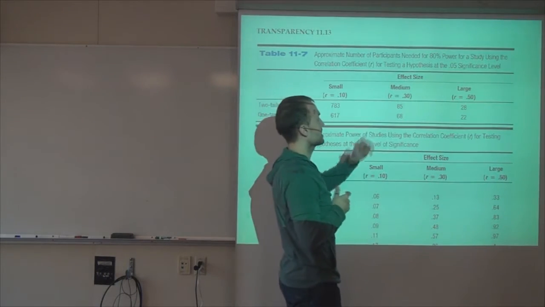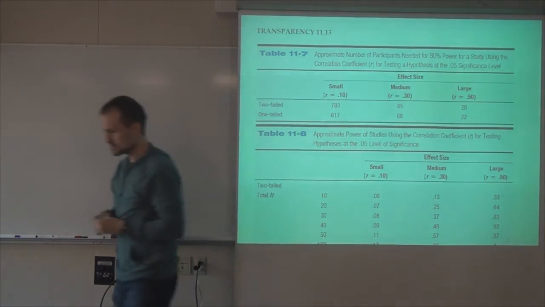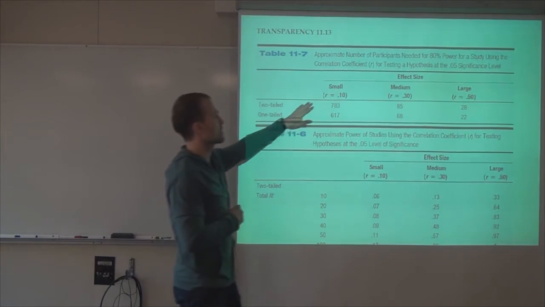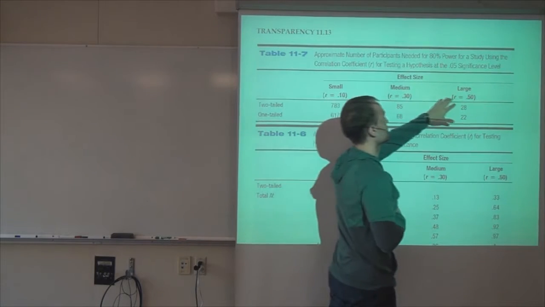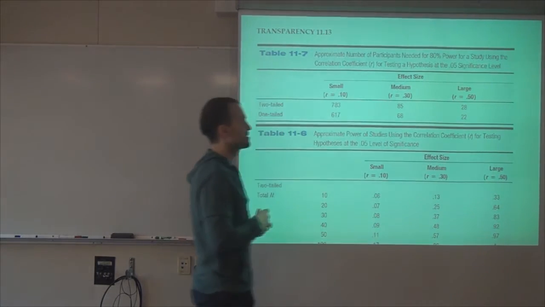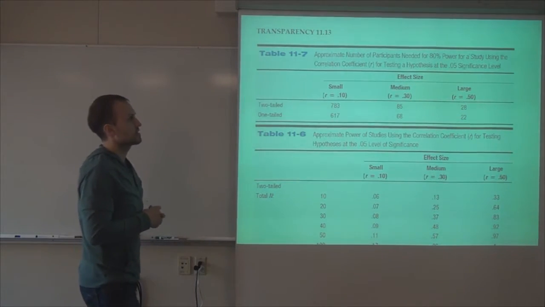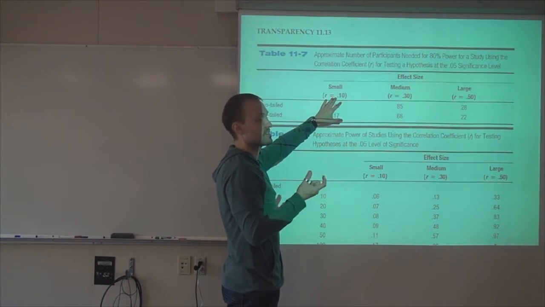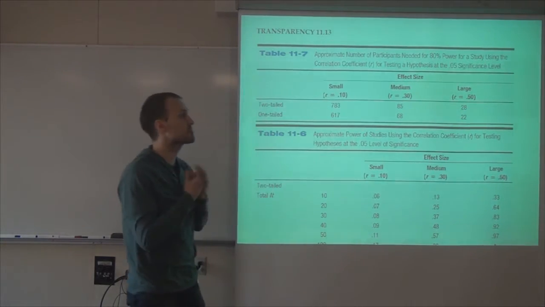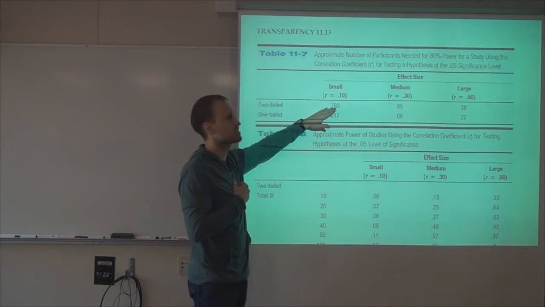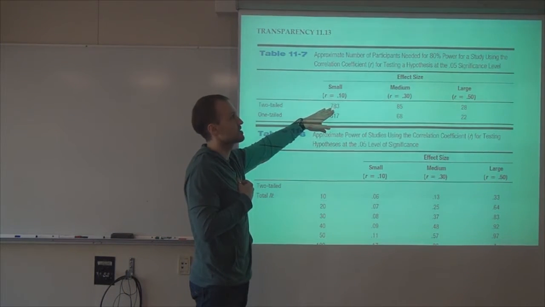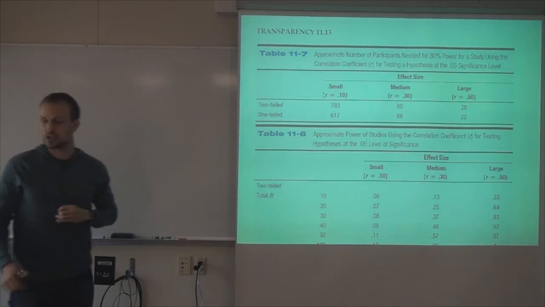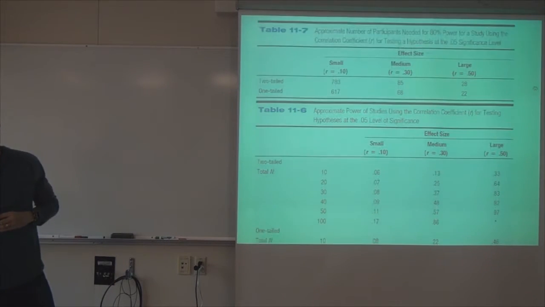So if I have an effect size of medium, small, or large, 0.1, 0.3, or 0.5, then this tells me if I have a very small effect size, very small correlation coming from my sample, I need big samples in order to ensure a good enough, high enough power.